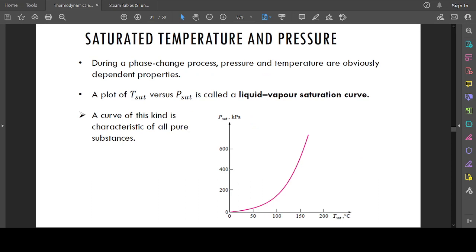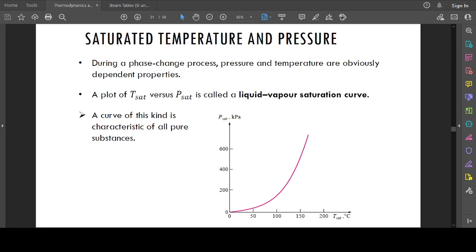Okay, but how did we determine the steam table and the properties table? If that statement is true, that the magnitude of the latent heat is with respect to the temperature and pressure, then that means we can represent it on a curve. During a phase change process, pressure and temperature are obviously dependent properties.